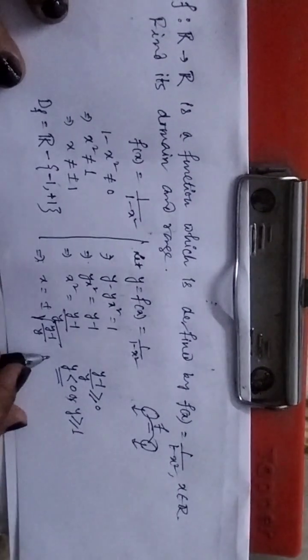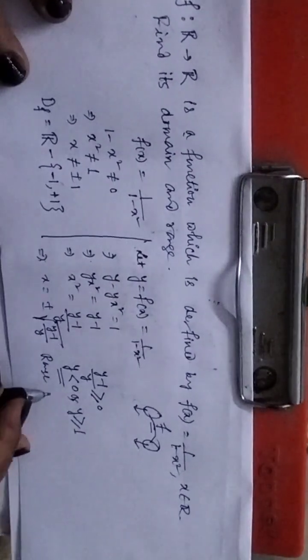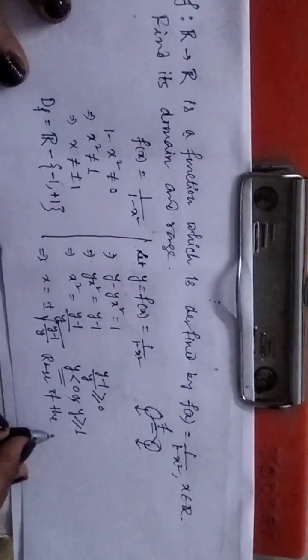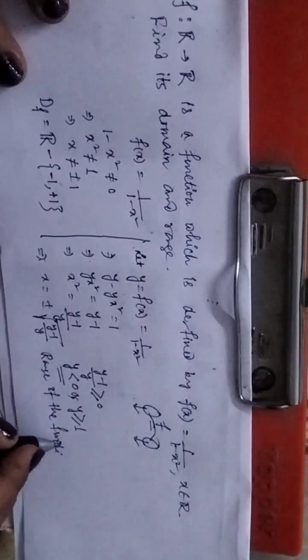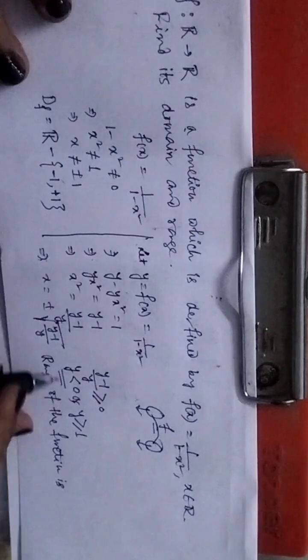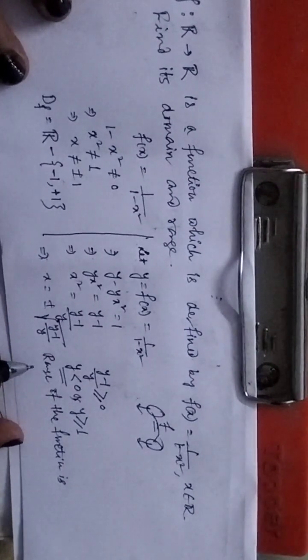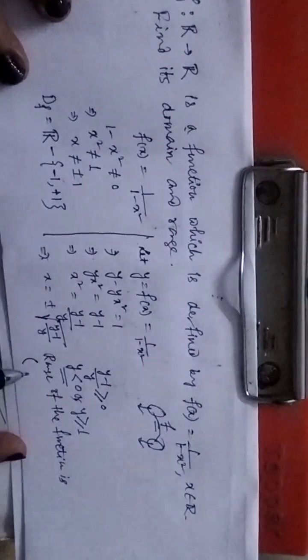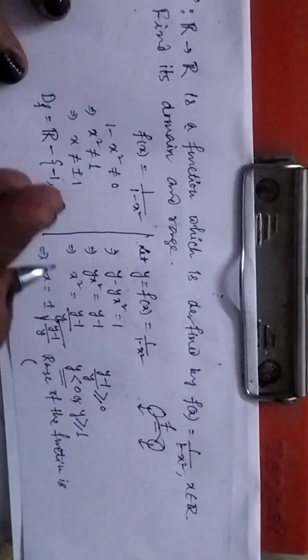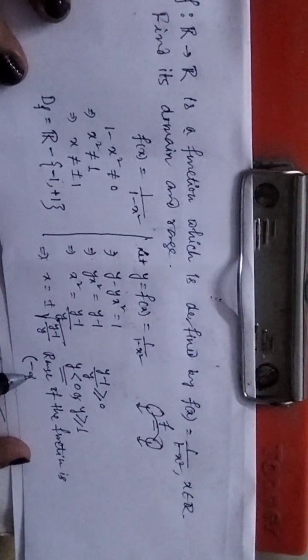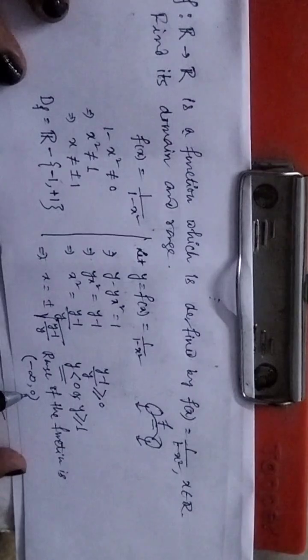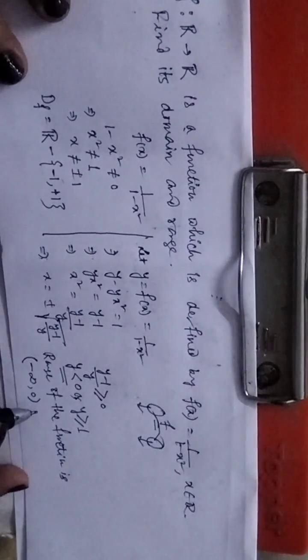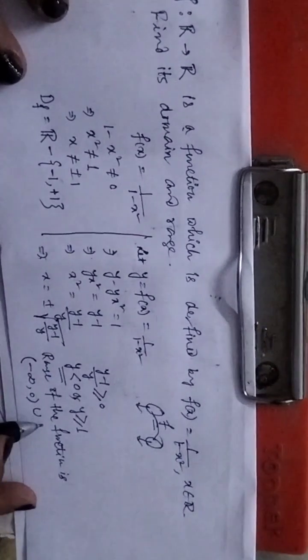So what should be the range? The range of the function is either less than 0, which means the open interval minus infinity to 0, or y will be in the closed-open interval 1 to infinity.